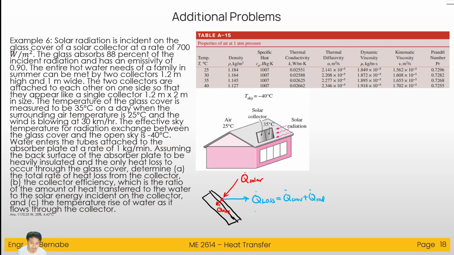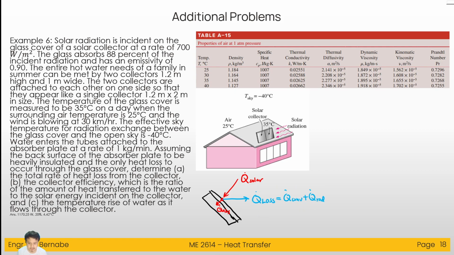So it is emitting radiation outward and also losing heat due to convection. Also, we have here a wind blowing at 30 kilometers per hour at 25 degrees Celsius. So we just want to find this Q loss first, and then we can find the efficiency.